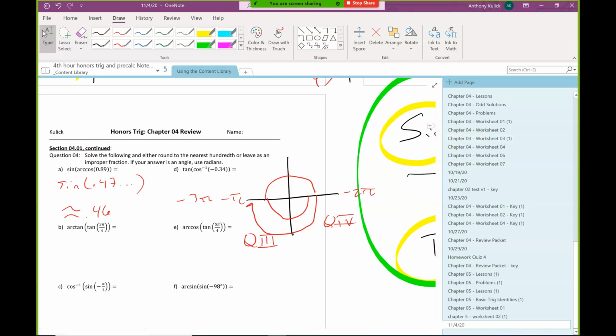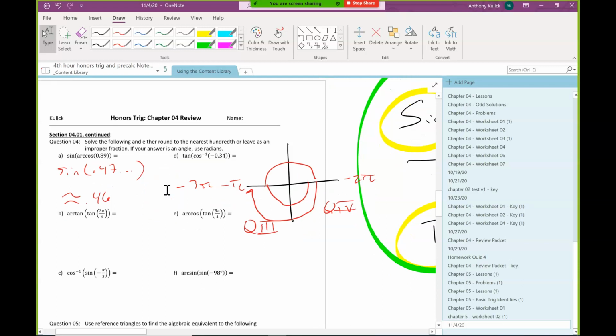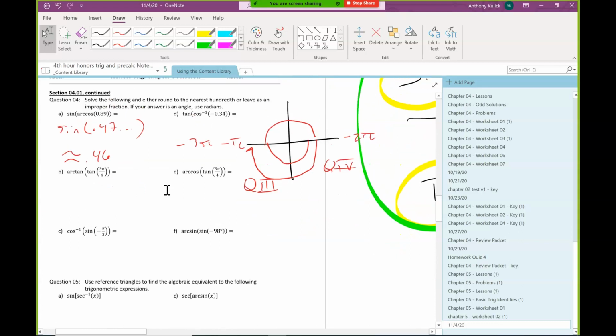So would it be more like questions where this number was like a half, or like square root of 2 over 2 or something, like unit circle-y, so you wouldn't use your calculator? If you're asking for an exact answer, you have to be using the unit circle.